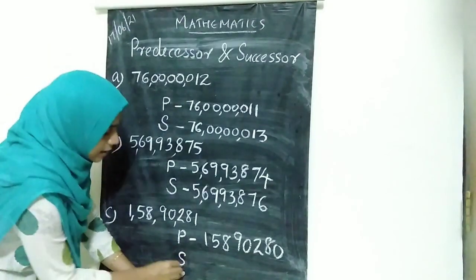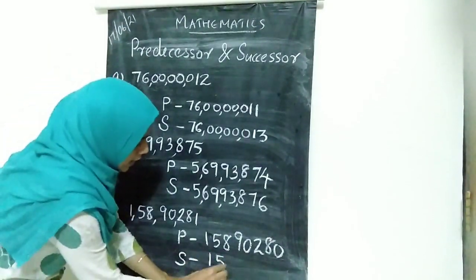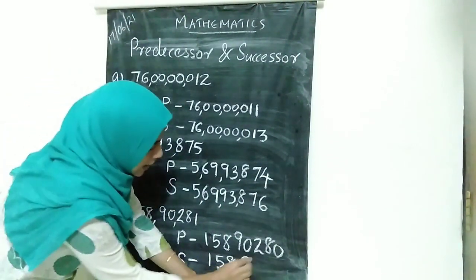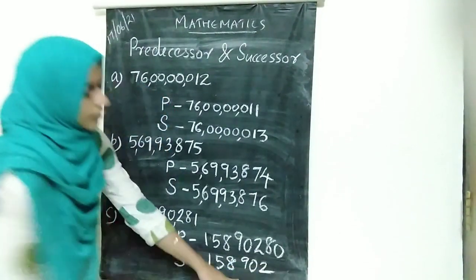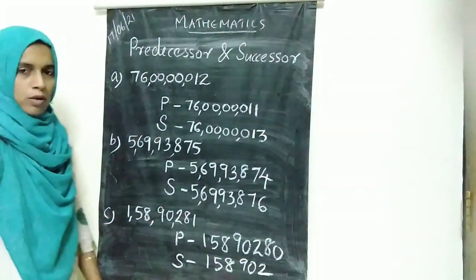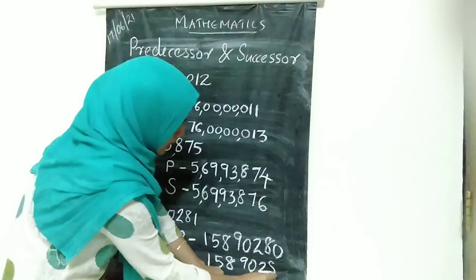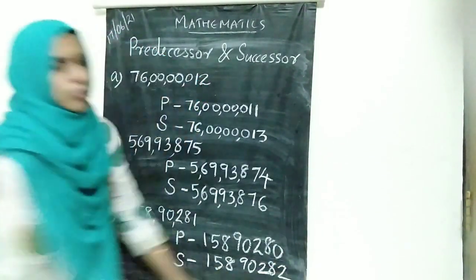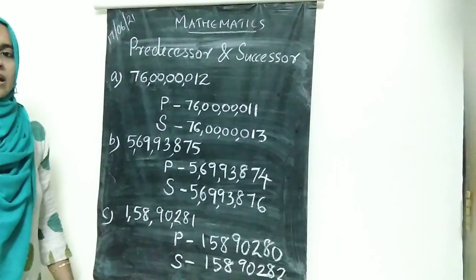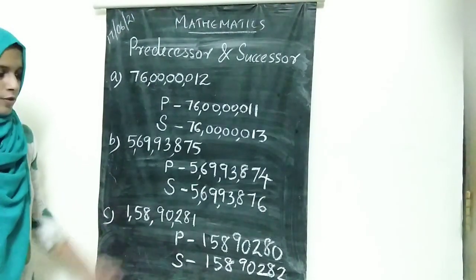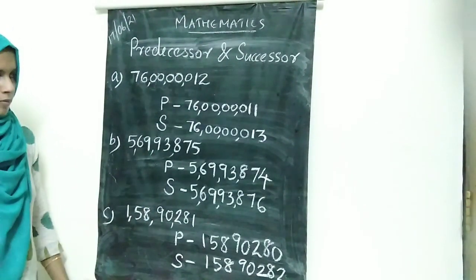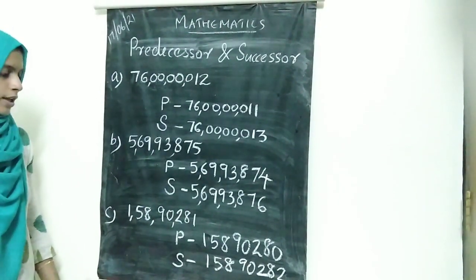Now successor: 1 crore 58 lakh 90,282. So write this. We can do one more question.